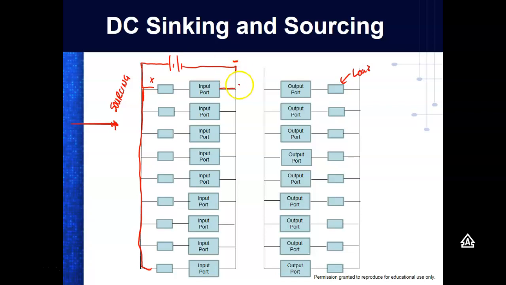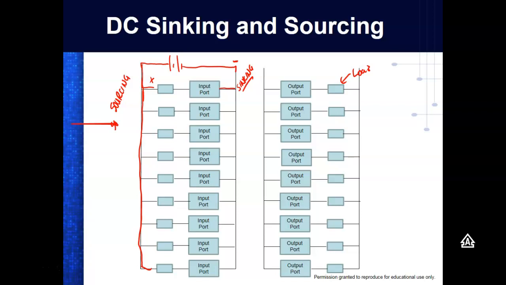Then if it uses a negative as the common, this is referred to as syncing. So if I'm using sourcing input devices, then the PLC inputs have to be syncing, right? Does that make sense? Yes or no? This is very important, guys. The book does a very poor job of this. If you don't understand this, you're not going to be able to wire PLCs.